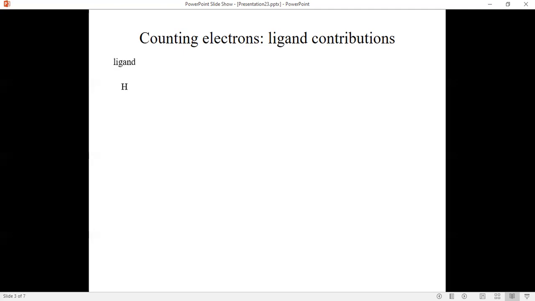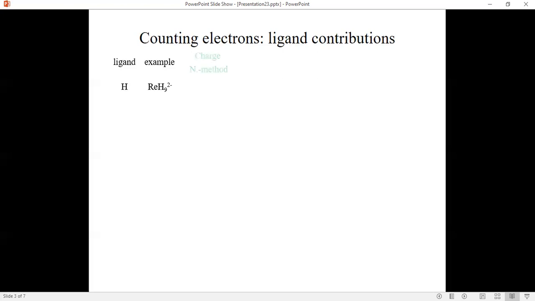For instance, a very simple hydride ligand, which can be part of, for instance, the nonahydridorhenate 2- anion. We have encountered this anion previously when we discussed the coordination numbers. Remember, that was an example for the coordination number 9.